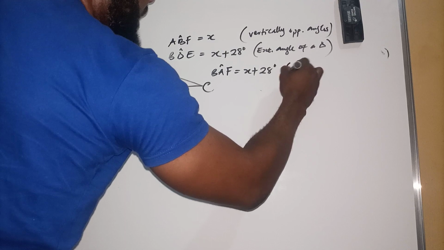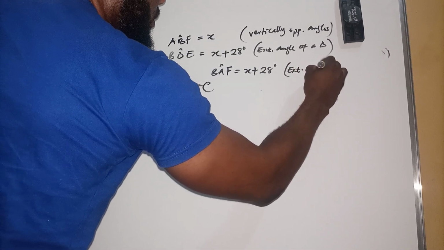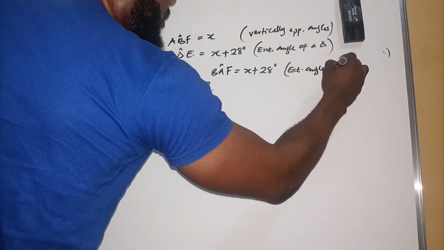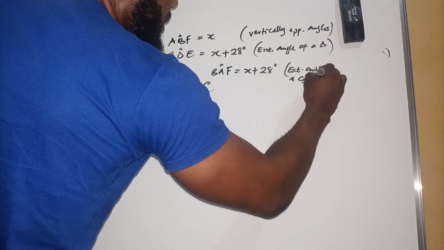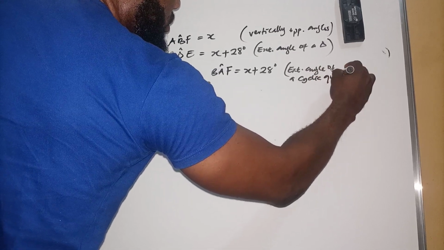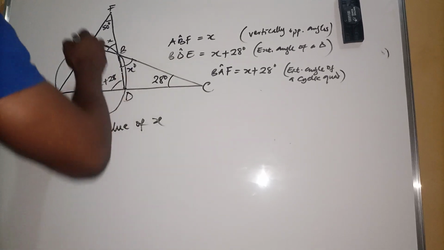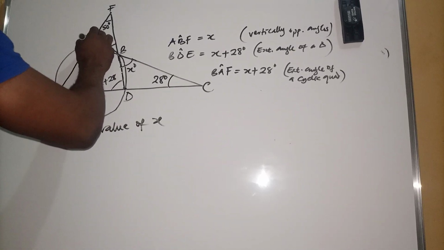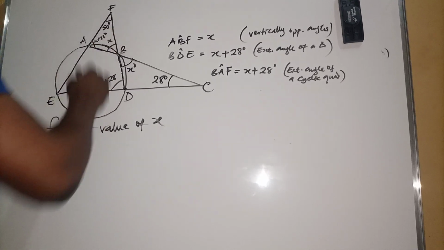The reason is exterior angle of a cyclic quadrilateral. Now this angle here is x plus 28 degrees.